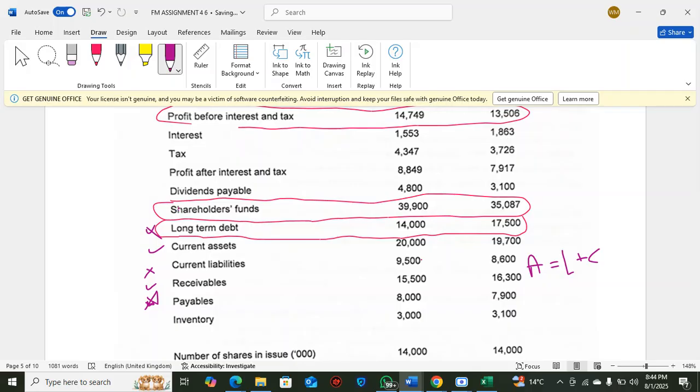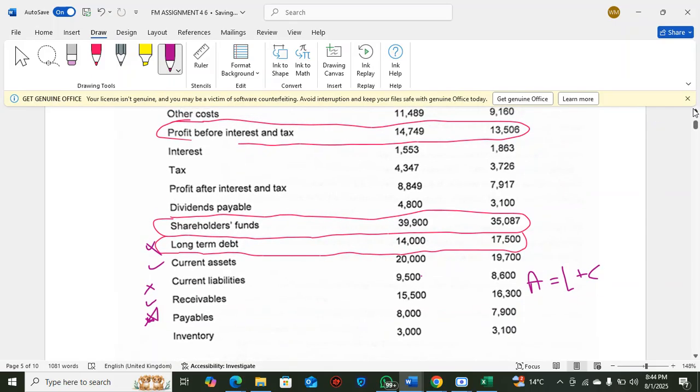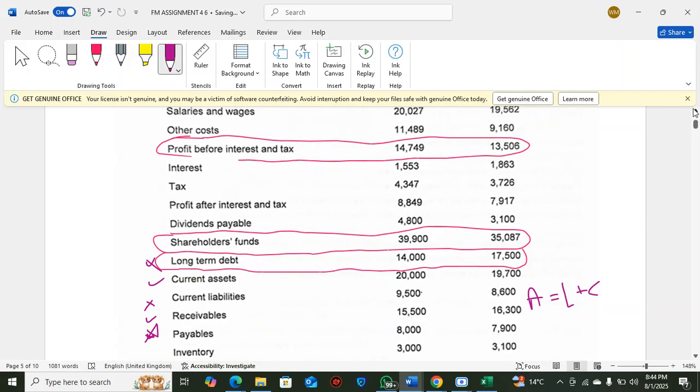Once you add all of those together, you get your total assets. Colleagues, there are two ways to do it, and I think this will be the best way because it's going to give us the total value of our assets.